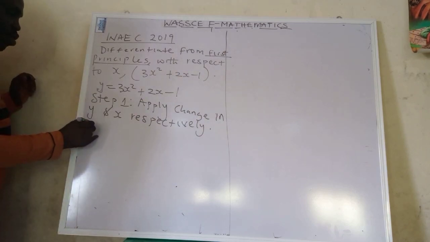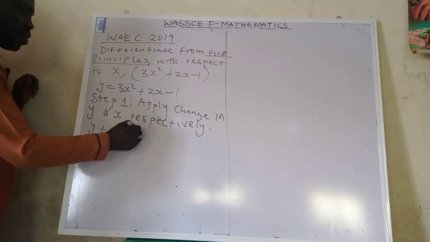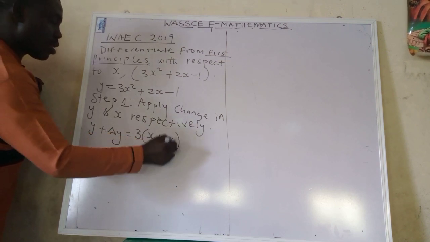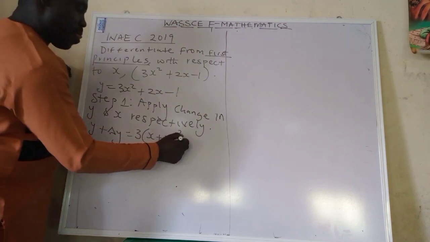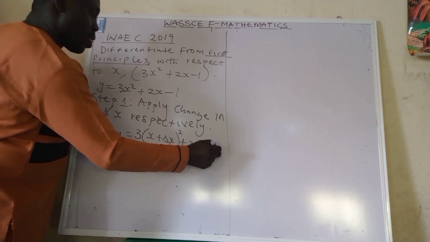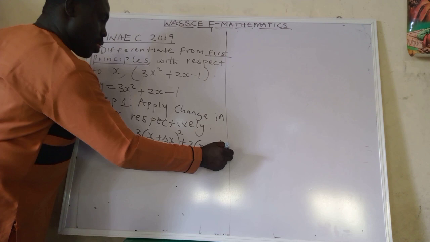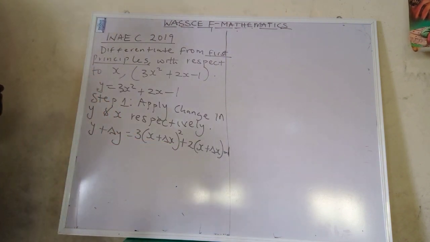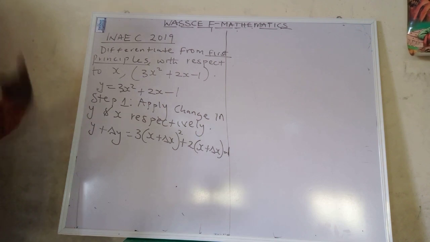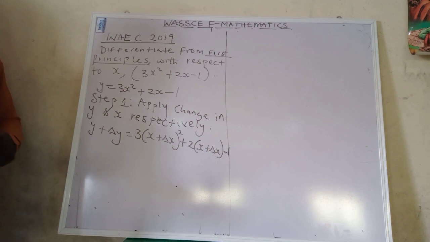What that means is you have this. That's what you have there. You can see here, apply change in y and x respectively. So change in y here and change in x here. I'm sure that's very clear, right?